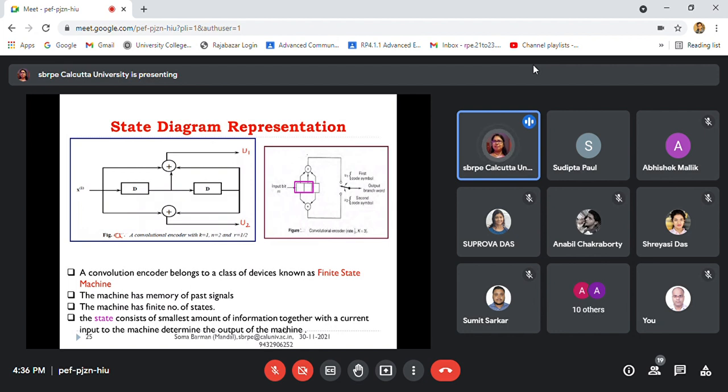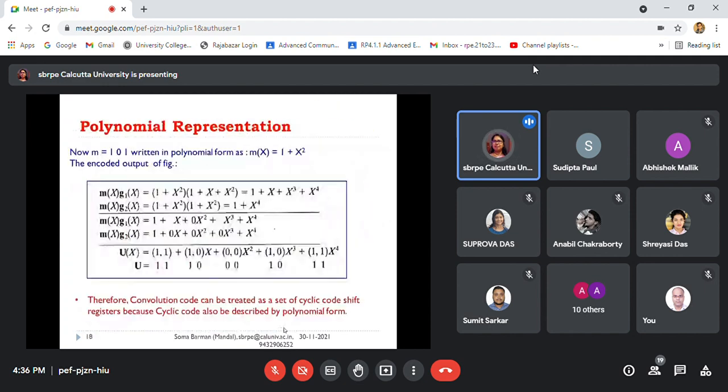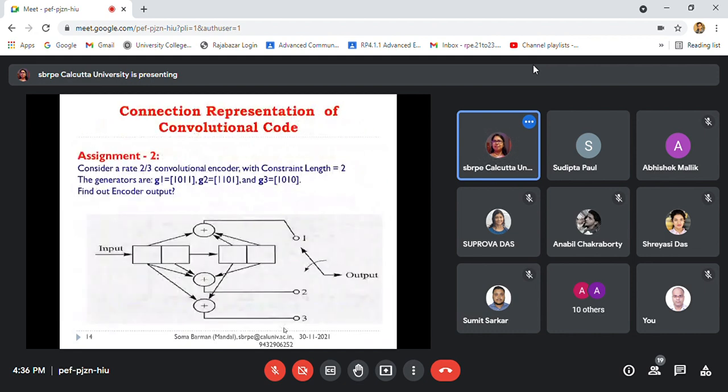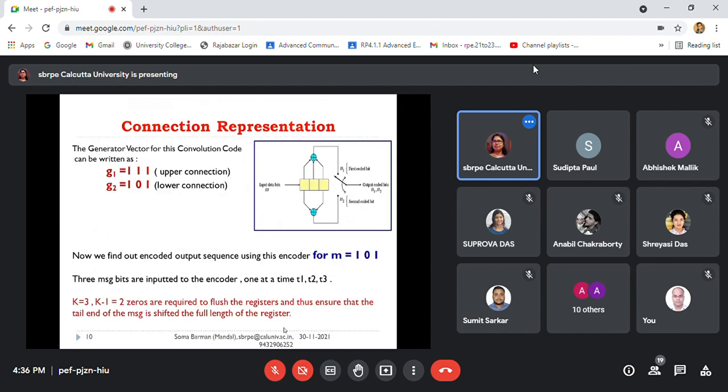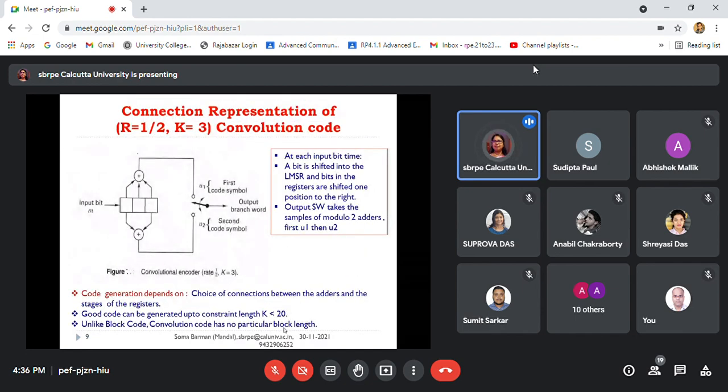For that I have considered a convolution coder of constraint length K equal to 3 and code rate equal to half.